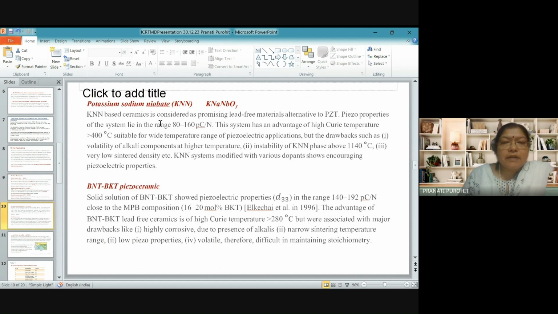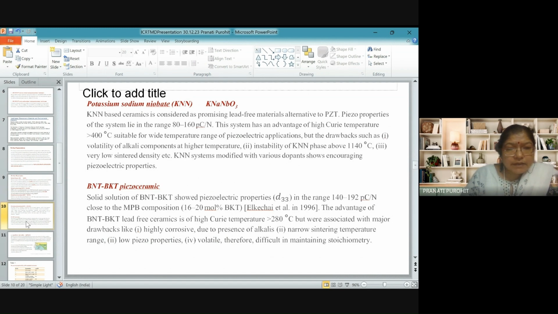The KNN system shows 80 to 160 picocoulomb per Newton. The binary system of BNT and BKT shows an improved piezoelectric coefficient, that is 140 to 190 picocoulomb per Newton.